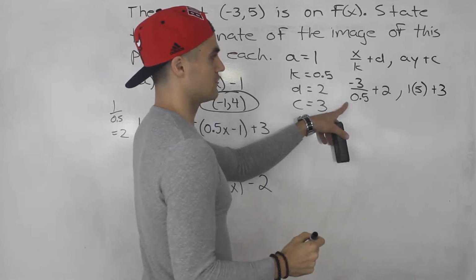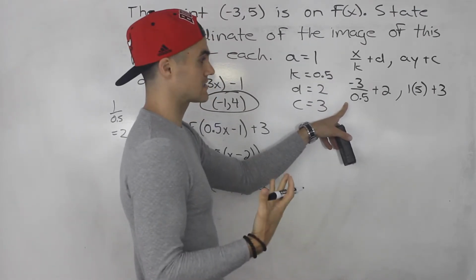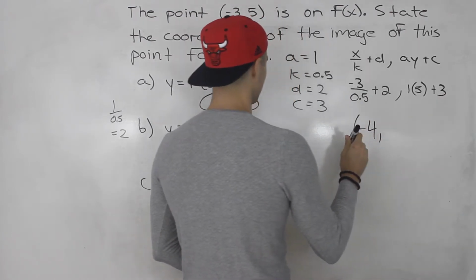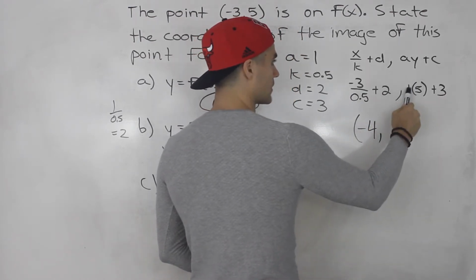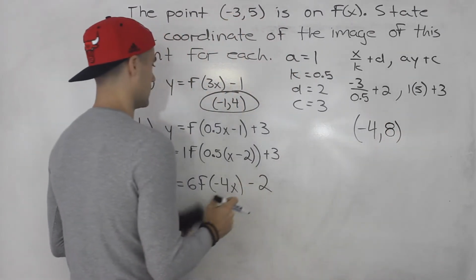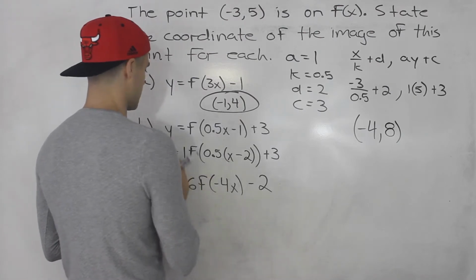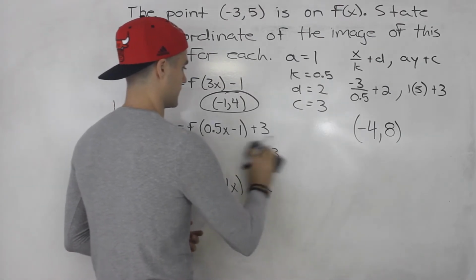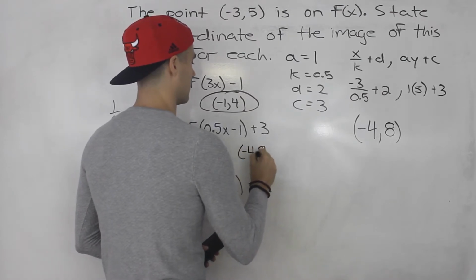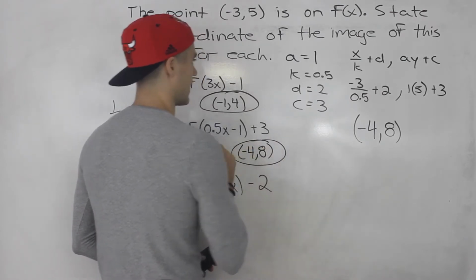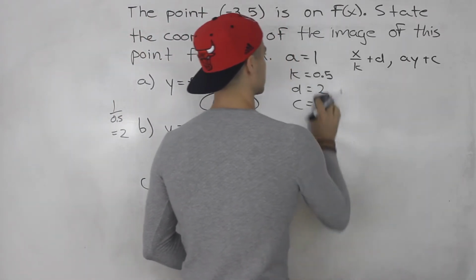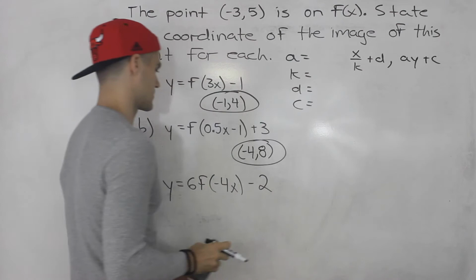So -3 divided by 0.5 gives us -6, plus 2 would give us -4. And then 1 times 5 plus 3 gives us 8. So the answer to part B is -4 and 8.